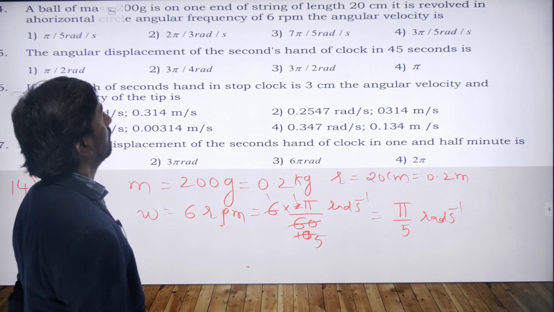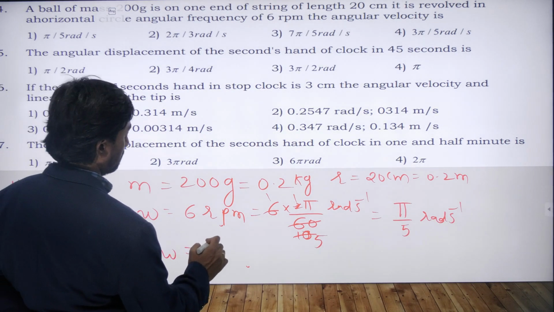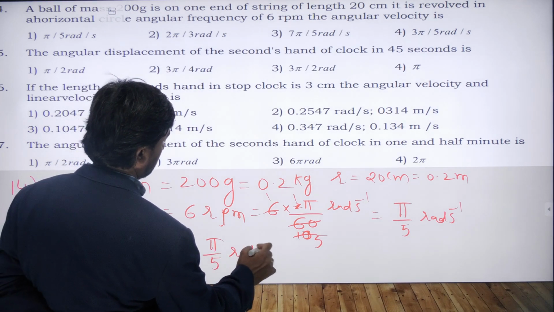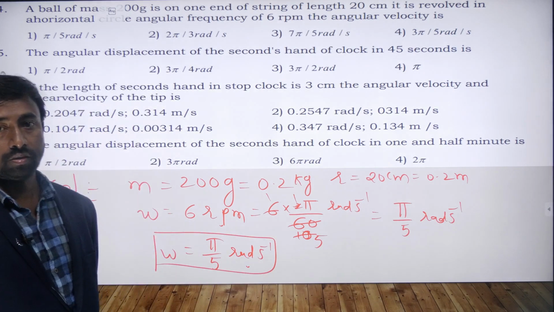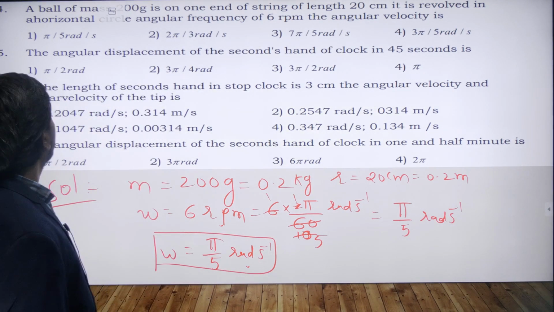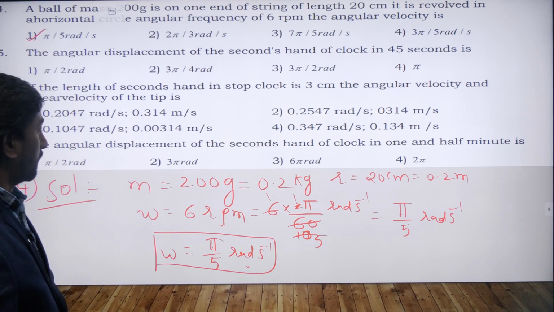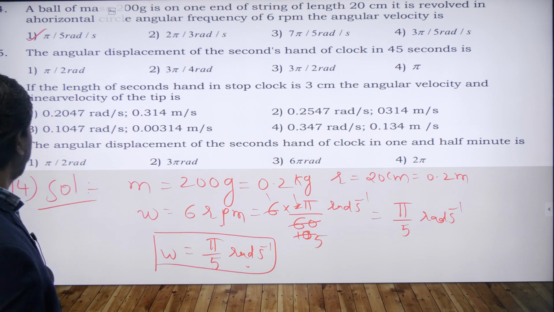They're asking that only. The angular velocity omega is equal to pi by 5 radian per second. This is the answer. The first option is the answer: pi by 5 radian per second.